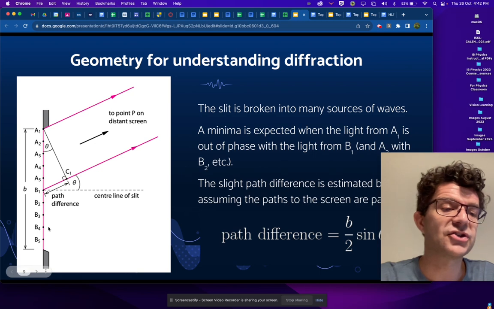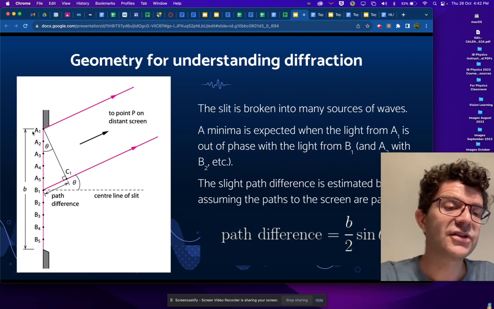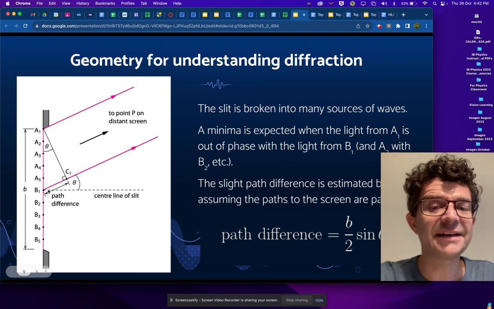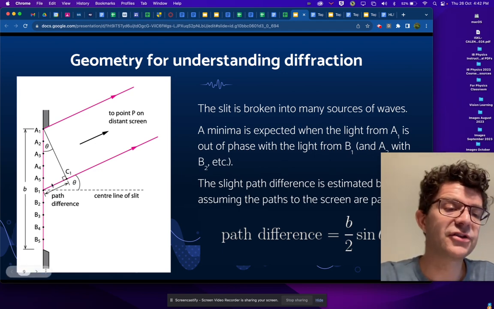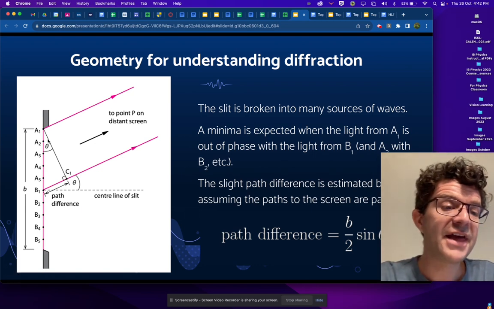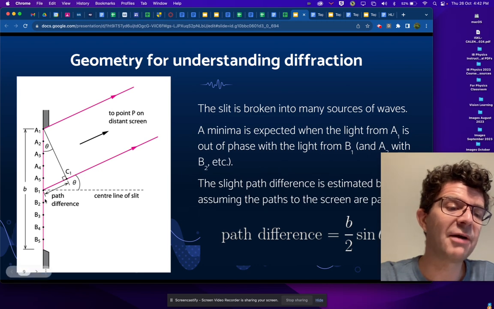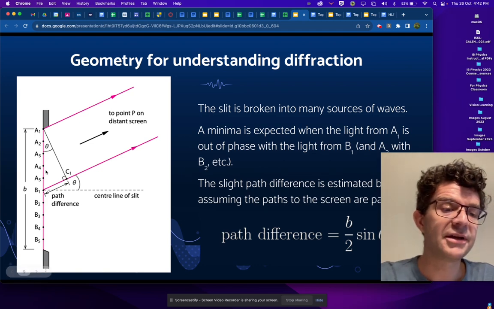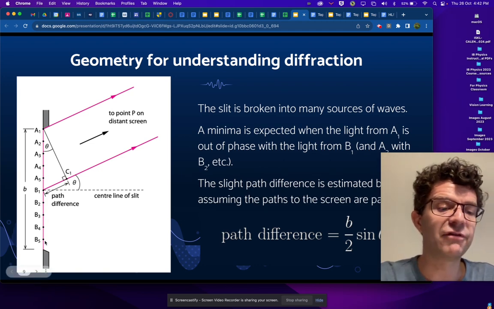In order to get destructive interference, the path difference here has to be half a wavelength, and then the sources at A1 and B1 will interfere destructively. What's neat is that if A1 interferes with B1 destructively, canceling it out, then you could shift this whole picture down by one space and have A2 interfere destructively with B2, and A3 with B3, A4 with B4, A5 with B5.